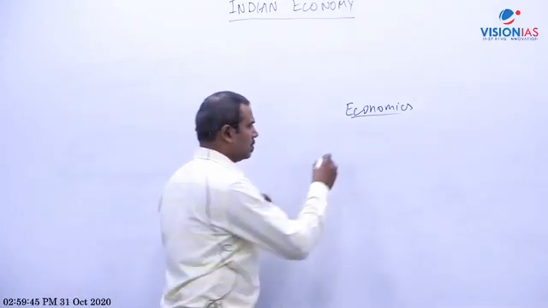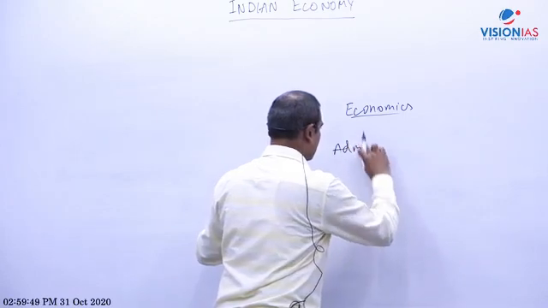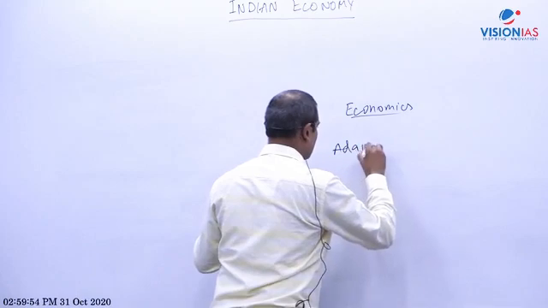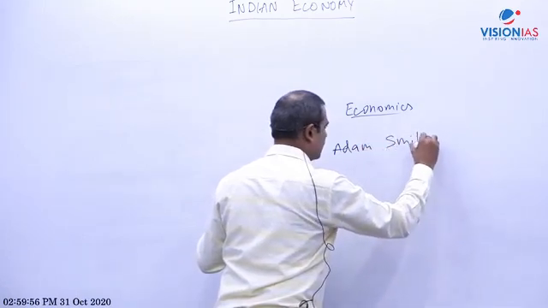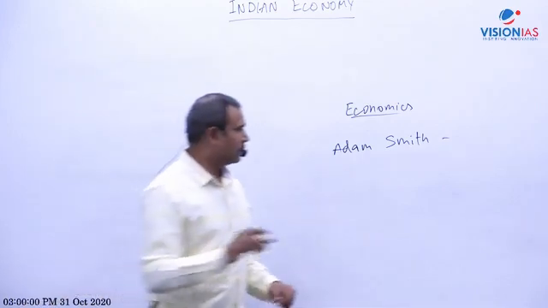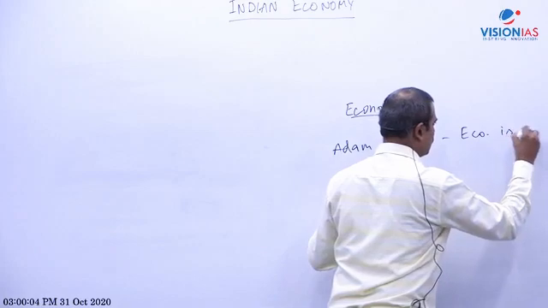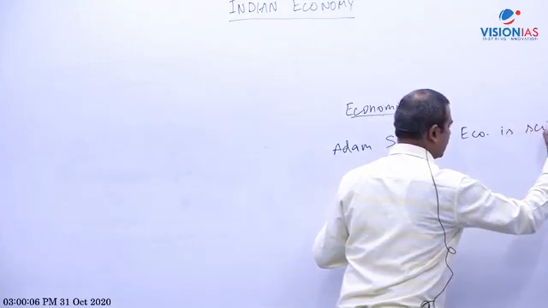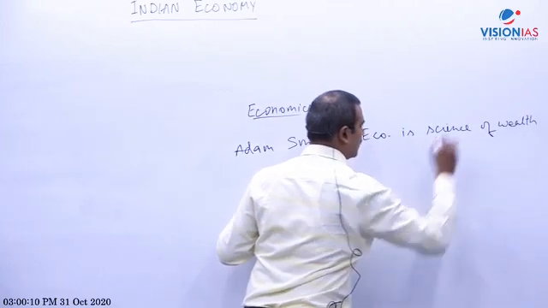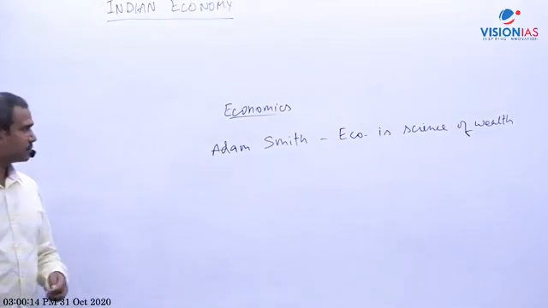And there is one definition by Adam Smith. Adam Smith defined economics as, he defined that economics is the science of wealth. So one very simple definition is science of wealth.